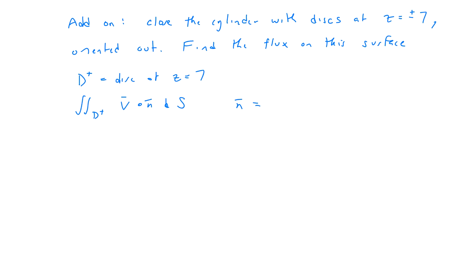So for the disk at the top of the cylinder, what is the normal vector? Because think of your cylinder that's resting on just a flat surface, then the top of the cylinder, the normal will be pointing straight up. And here we're assuming z is equal to 7.